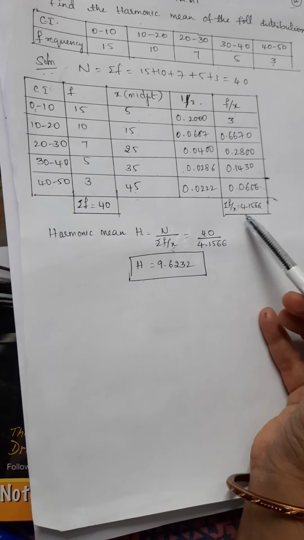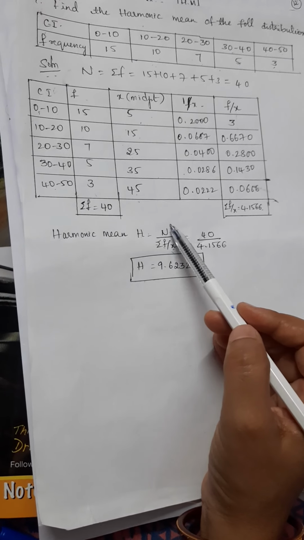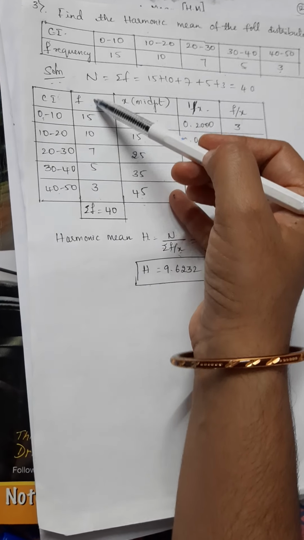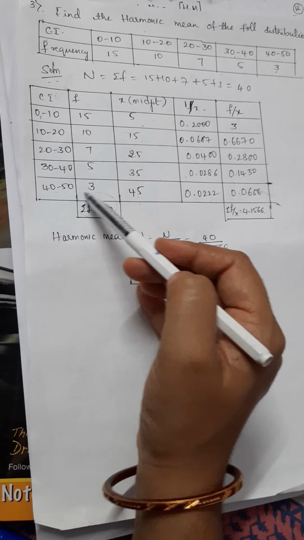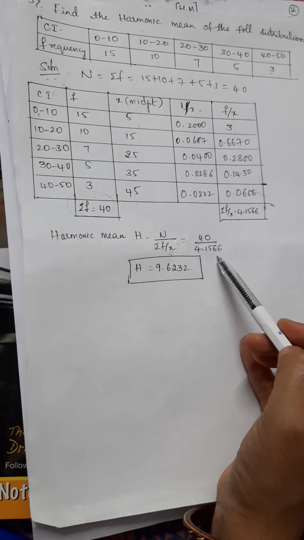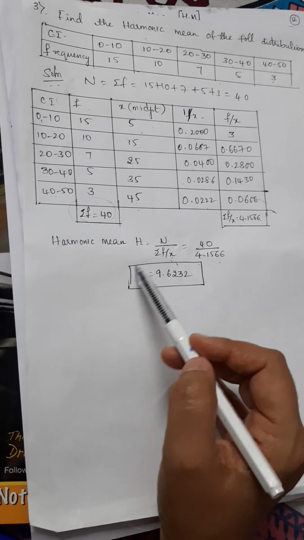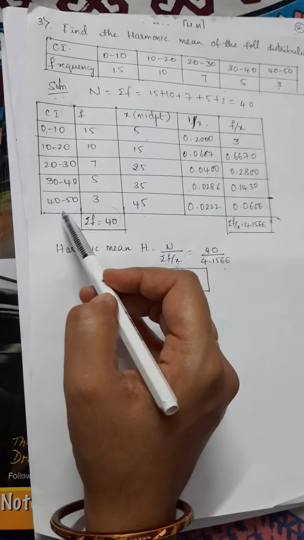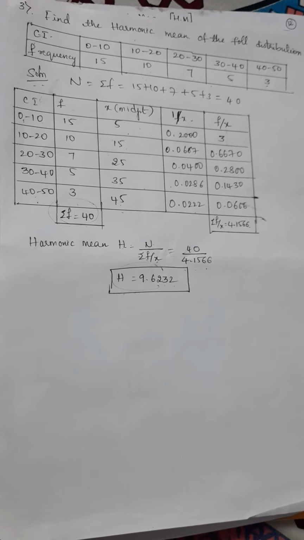Summation of f by x is 4.1566. Now substitute in the formula. N means addition of the frequency column, which gives me capital N value. Capital N is nothing but summation of f, that is 40. 40 divided by 4.1566 gives me 9.6232. That is the harmonic mean of the given continuous series. This completes problems on harmonic mean. Thank you.